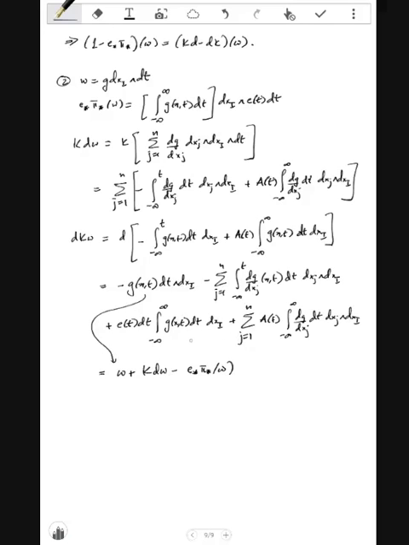This is omega, this is minus e lower star pi lower star omega. So once again this implies that 1 minus e lower star pi lower star applied on omega is equal to kd minus dk of omega. This implies k is a homotopy operator.